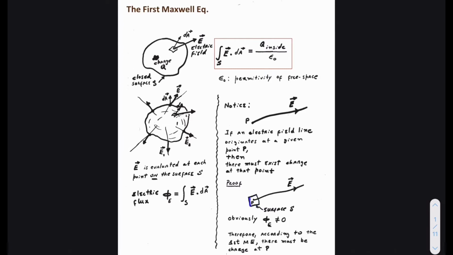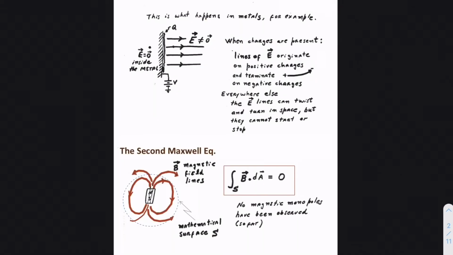Now, if you make this closed surface very small, then you will see that the electric field line must originate from this point P. So, Maxwell's first law implies that electric fields originate on positive charges and terminate on negative charges. And everywhere else, the field lines can twist and turn in space, but they cannot start or stop anywhere else.